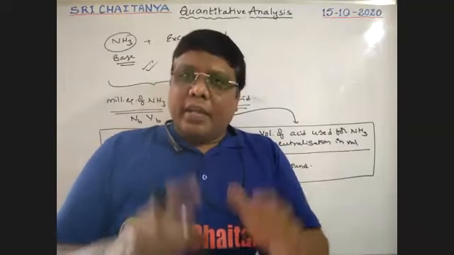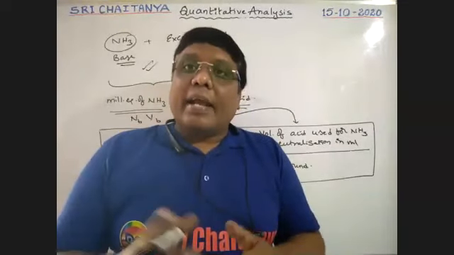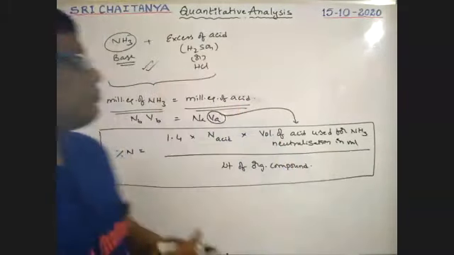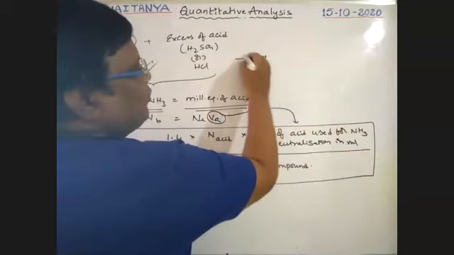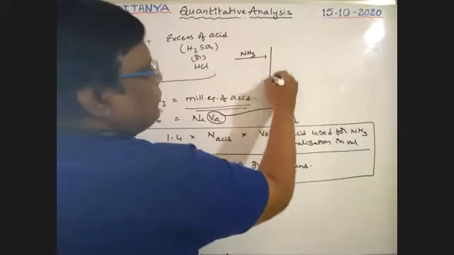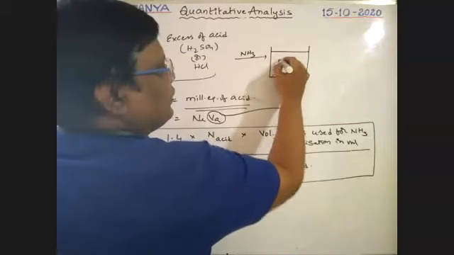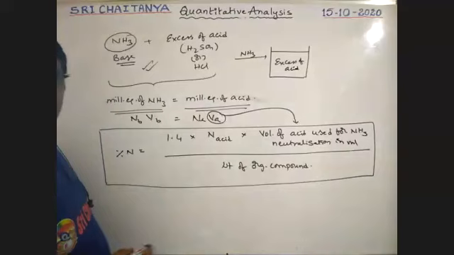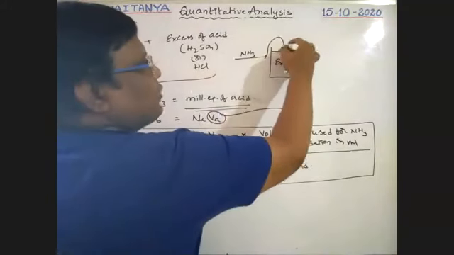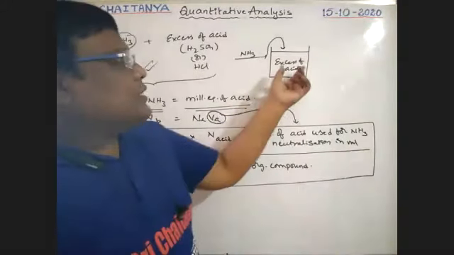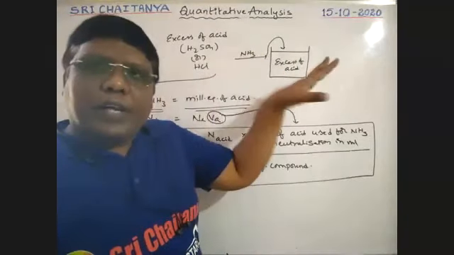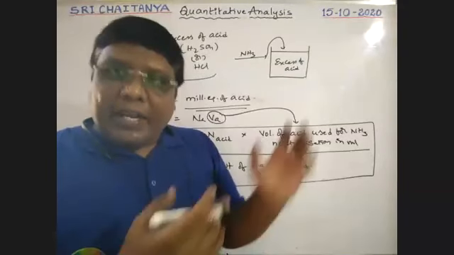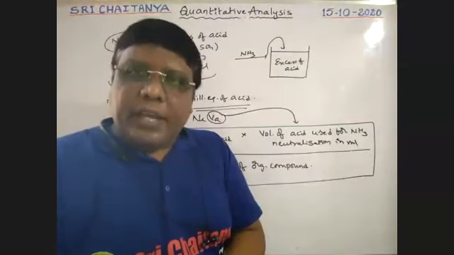Here, exact acid is not used. Excess of acid is used. See here, that liberated ammonia is passed into excess of acid. So some of this acid is neutralized with ammonia, no doubt. That means the acid-base neutralization is completed. But because it is excess, unreacted acid is also there.